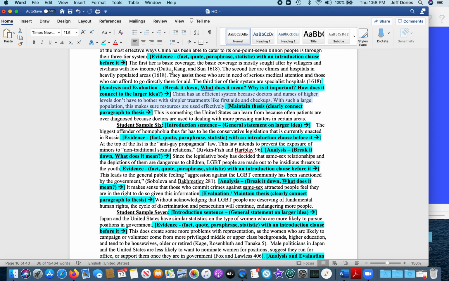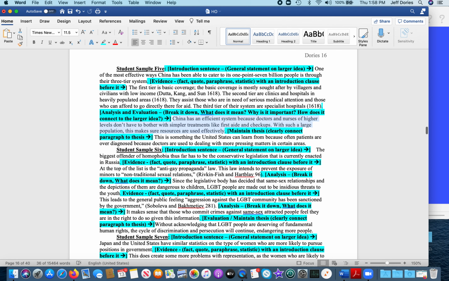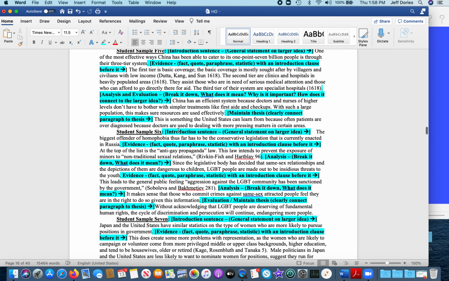And so what I would suggest that this student do is break this into 2 paragraphs. Have 1 paragraph talk about each tier and the differences and how that's unethical or something like that. And it could even be 3 paragraphs. And then have another look more broadly like this. Okay. But I would say this evidence should definitely be broken up. Okay.